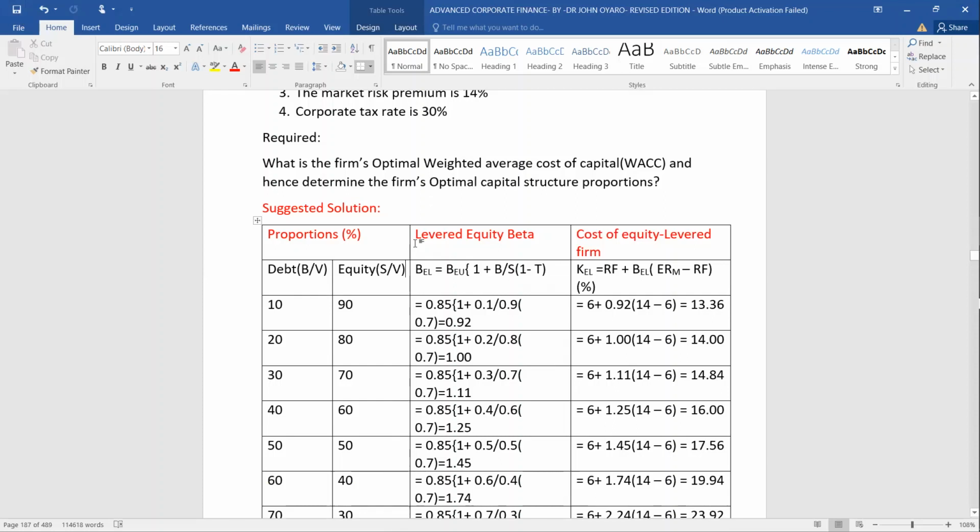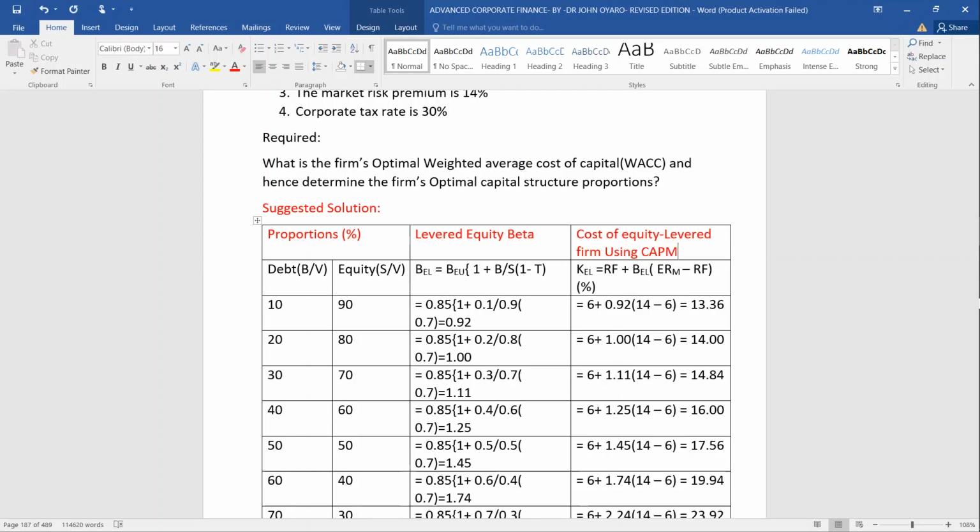Okay. At the end of the day, we are expected to get the weighted average cost of capital, but cost of equity has been hidden, and we need to work out cost of equity using CAPM. Cost of equity of a levered firm using the capital asset pricing model.